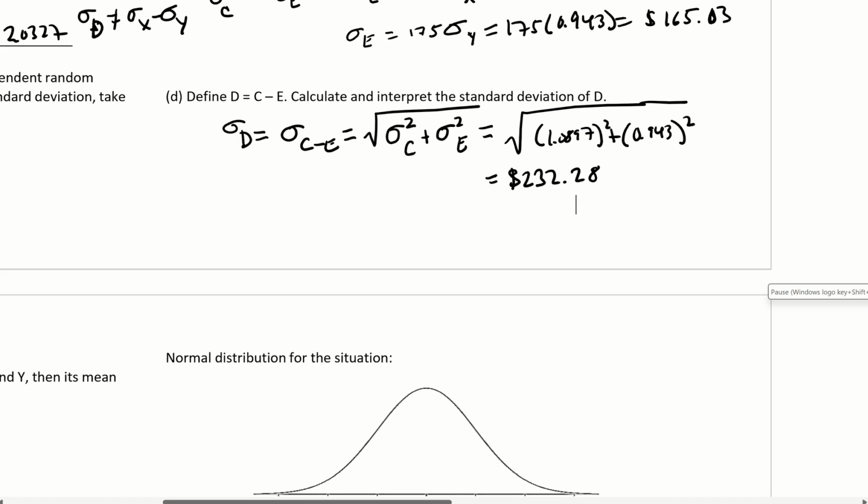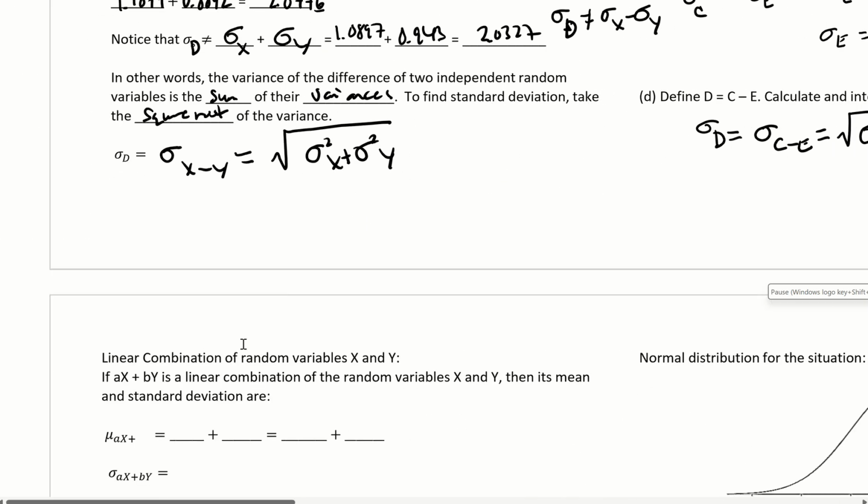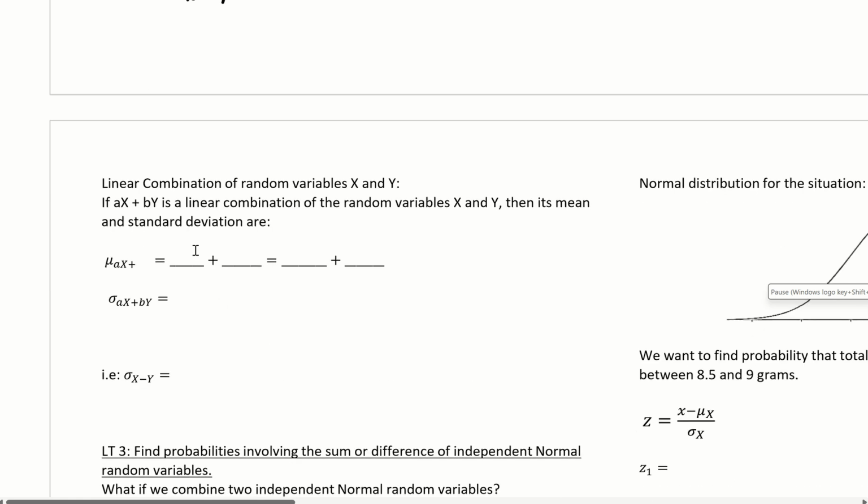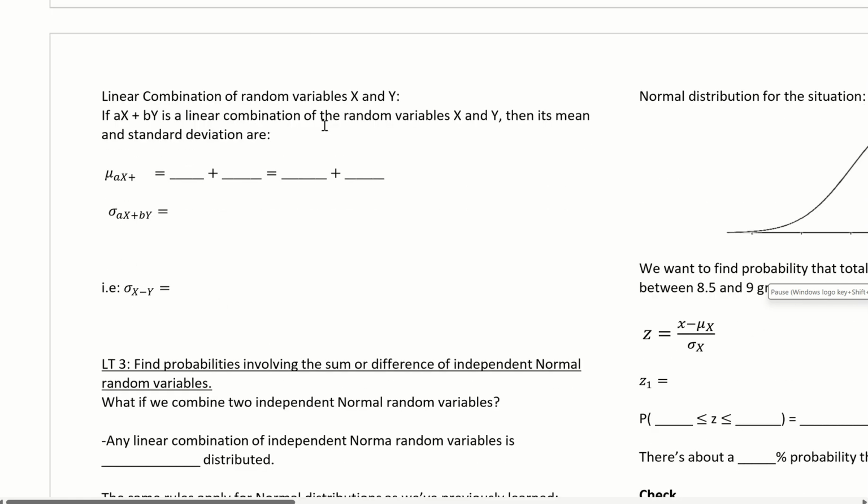Let's summarize what we've done with linear combination for learning target 2 and wrap up learning target 2. Linear combination of random variables x and y. If ax plus by is a linear combination of the random variables x and y, then to find the mean, this should say mu of ax plus by.